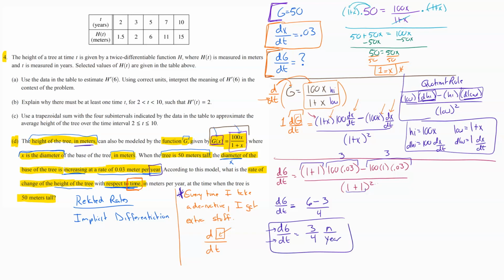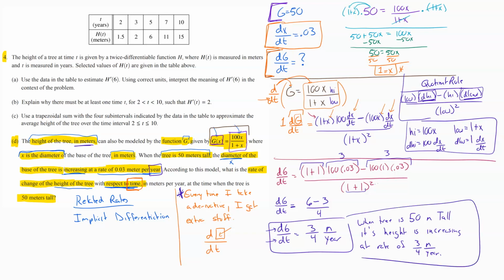And so what we just found out is that when the tree is 50 meters tall, its height is increasing at a rate of 3 over 4 meters per year. And so there's our final answer.